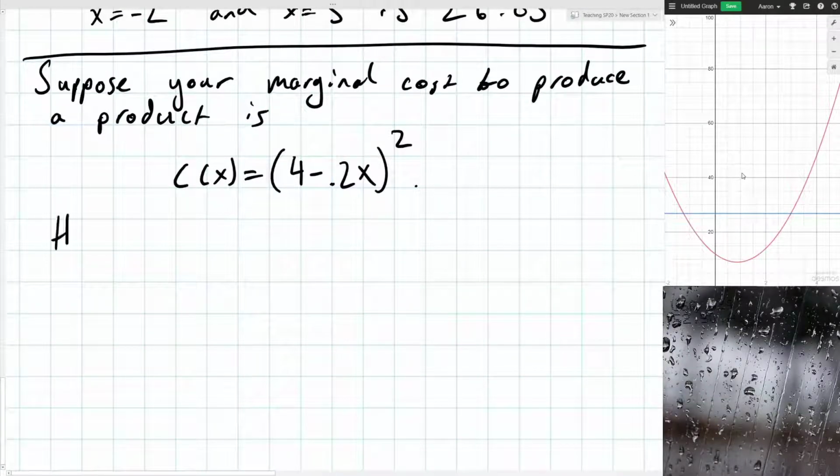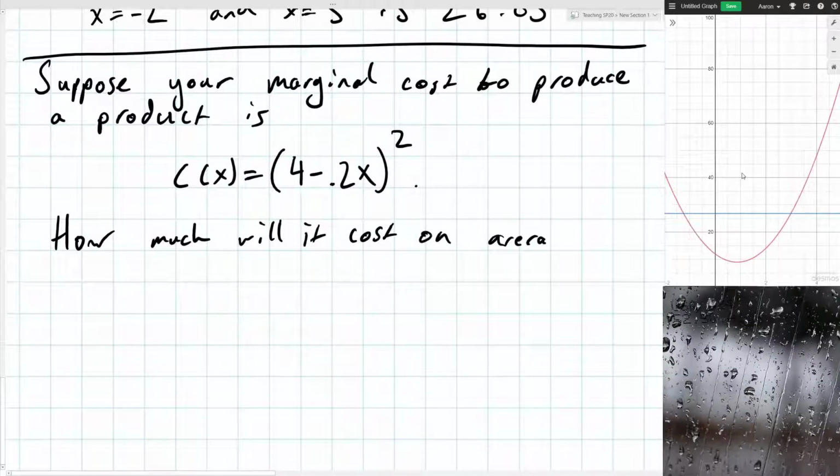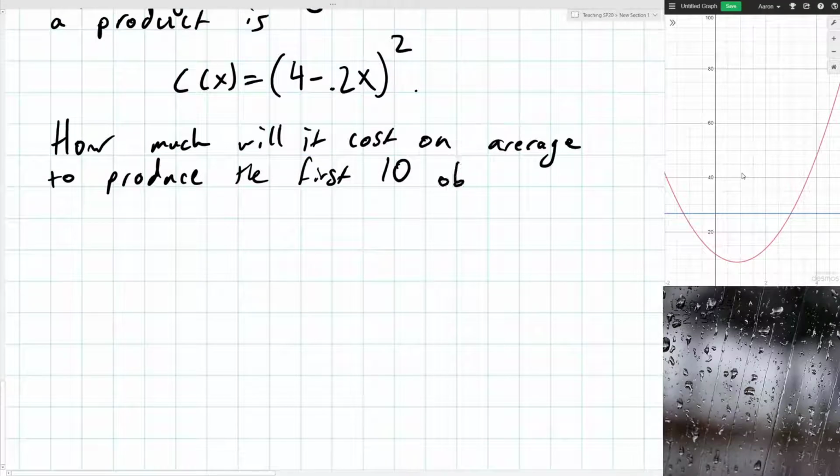How much will it cost on average to produce the first 10 objects or products?